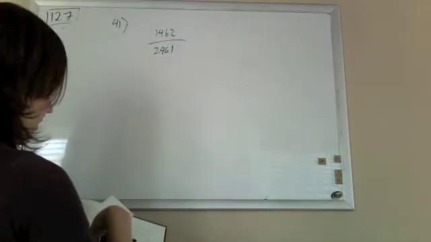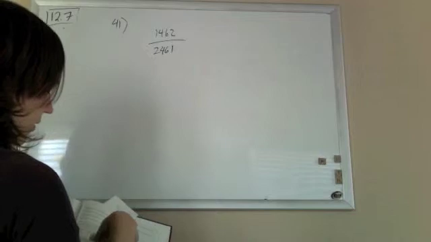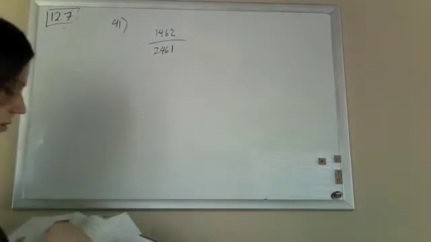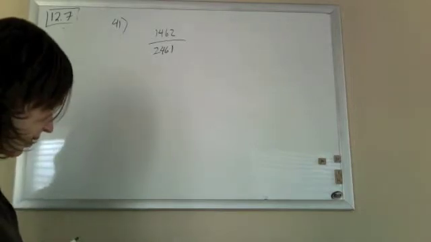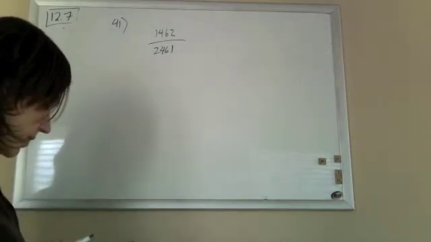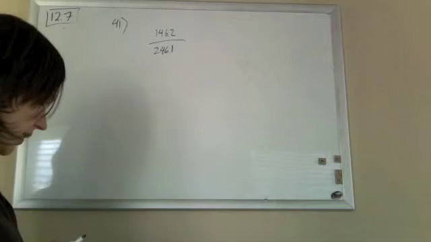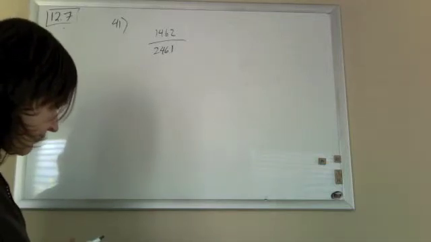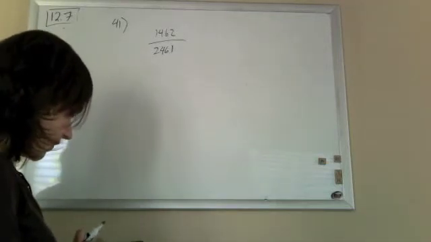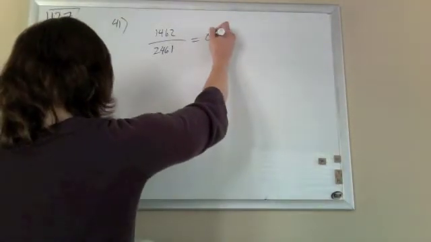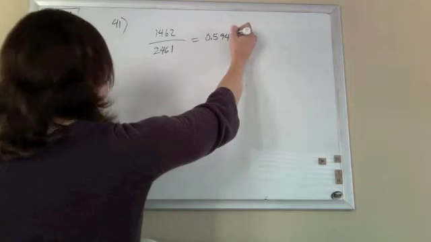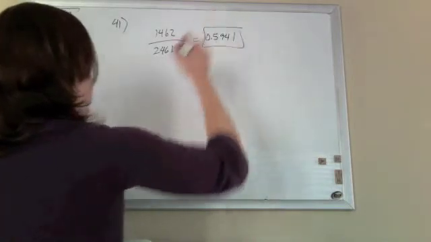So there are 1,462 cars out of 2,461 total. You just take those and divide that. So 1,462 divided by 2,461, and you get 0.594, and I'll round to that.